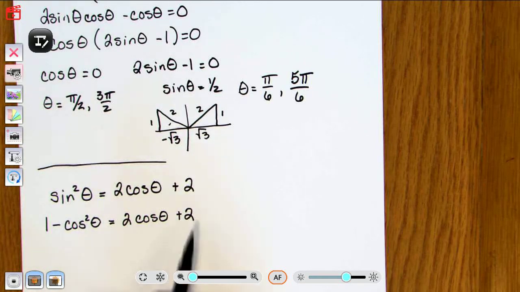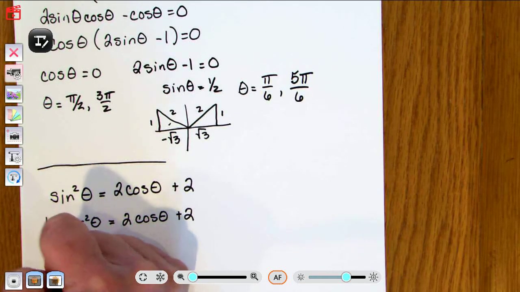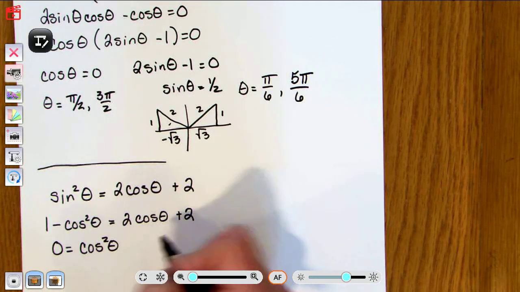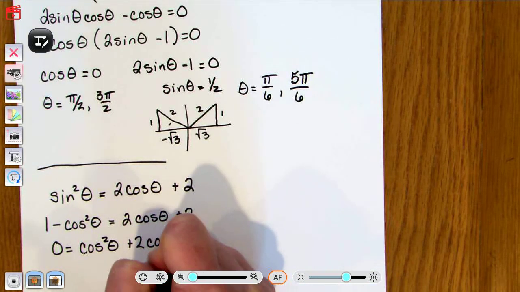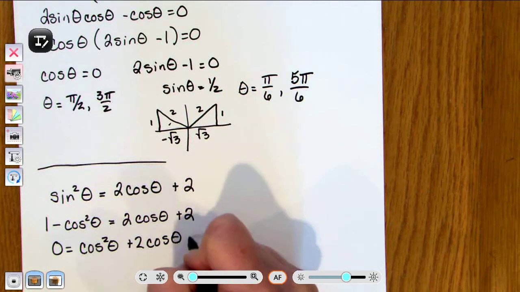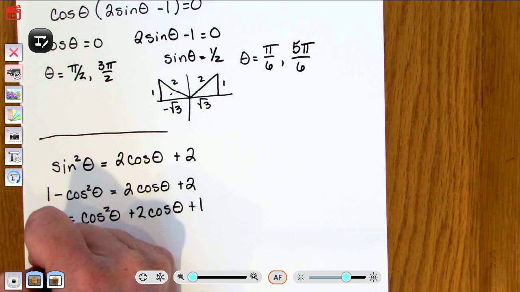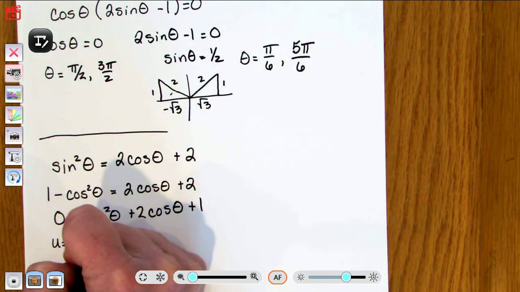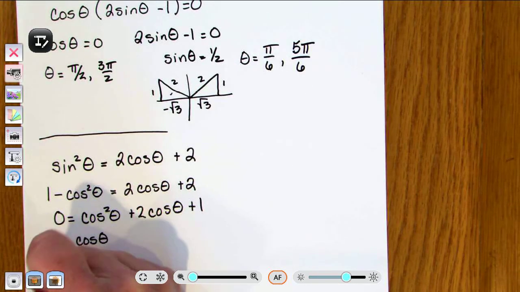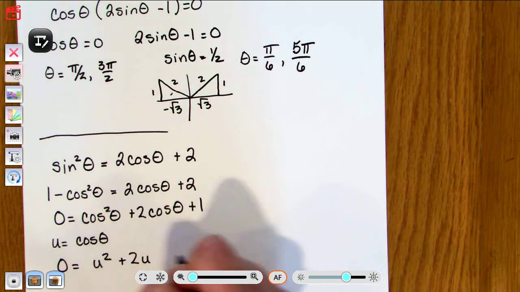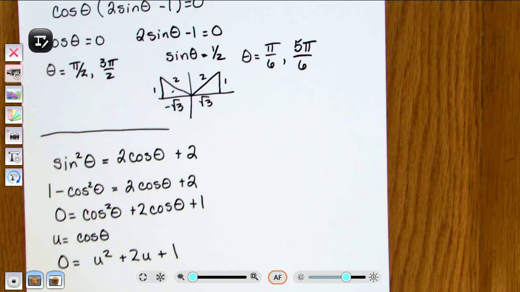I'm going to get everything on one side. I prefer my squared term to be positive. And then subtracting the 1, I get 1. Here I can do that u substitution again as the cosine of theta. So this becomes u squared plus 2u plus 1.